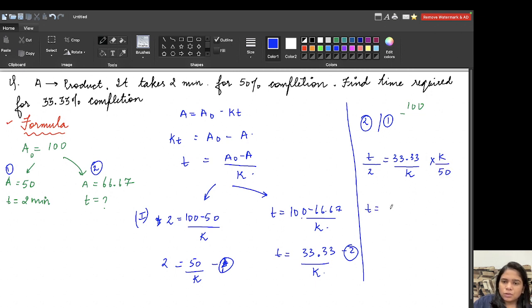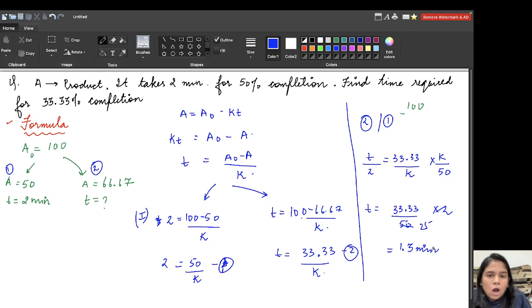So time equals 33.33 divided by 50 into 2 minutes. Once you calculate, you will get the answer as 1.3 minutes.